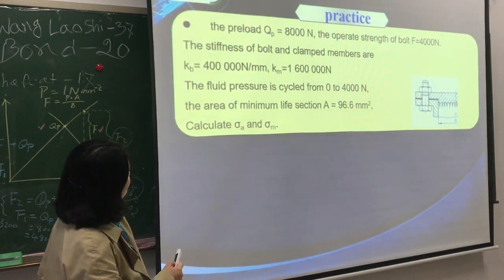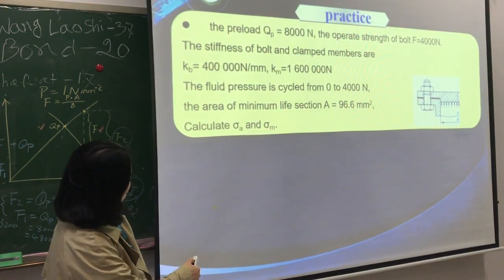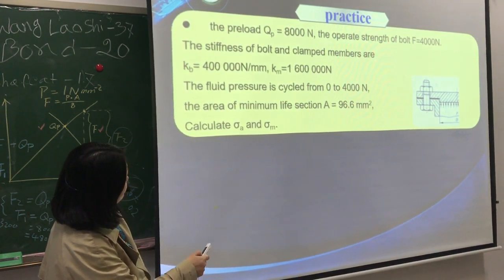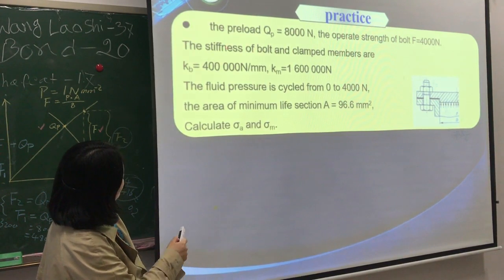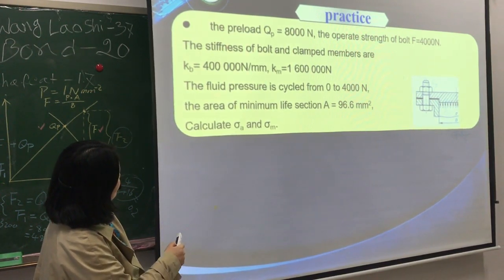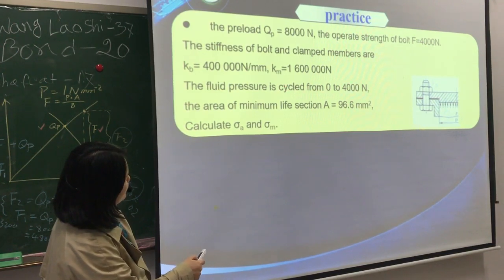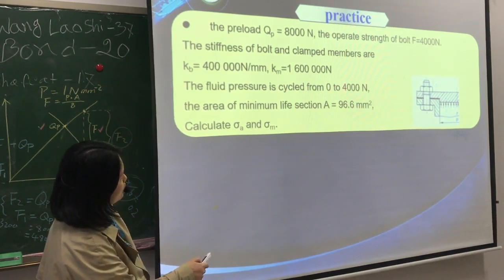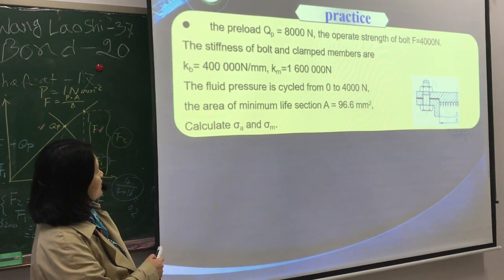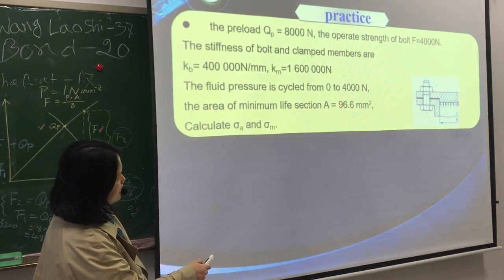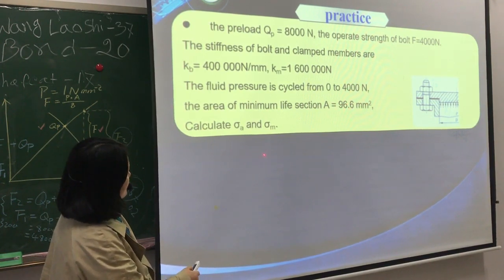In this condition, QP is this, and the bolt strength and stiffness is this, and the pressure in the cylinder is cycled from 0 to 4,000. The area of the minimal section A is 96.6.